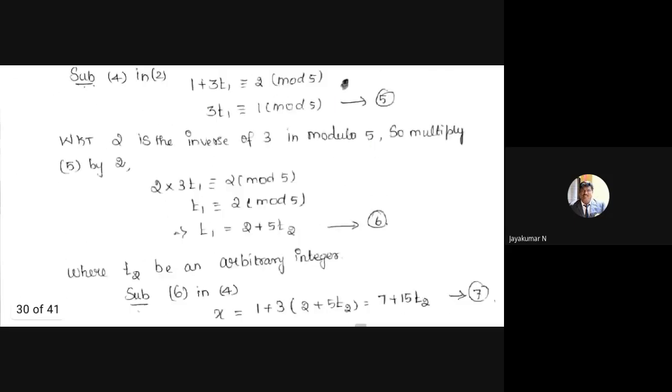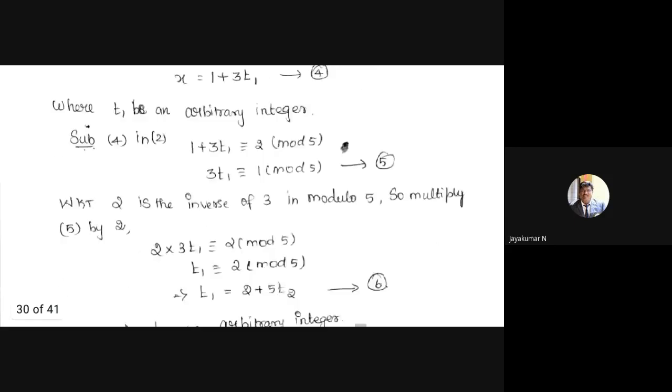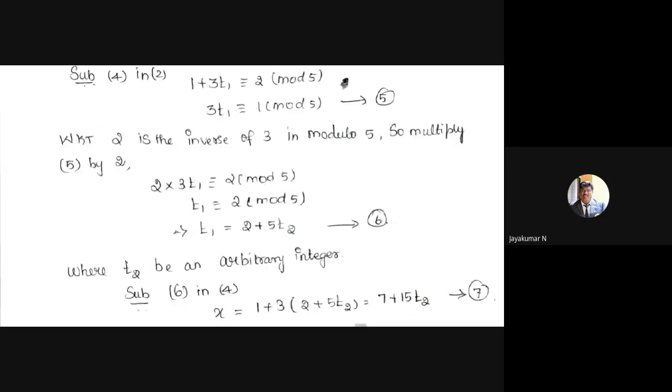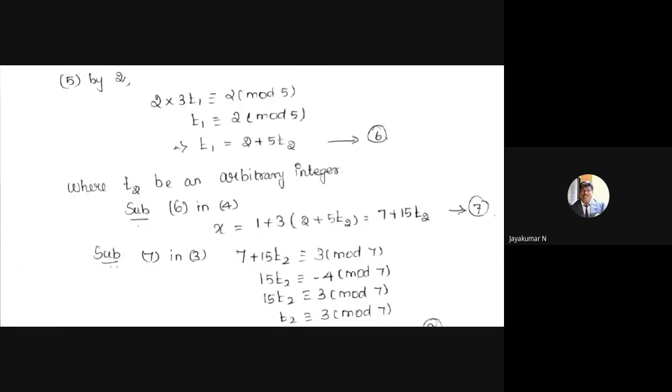Equation number 4 is x equal to 1 plus 3t1, so x is equal to 1 plus 3 times 2 plus 5t2, that equals 7 plus 15t2. So again x equal to 7 plus 15t2, which will be substituted in the given third linear congruence.